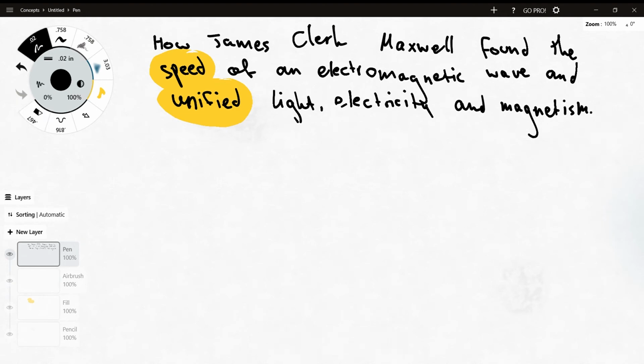Maxwell went through some very, very difficult, arduous lengths of calculus to reach the point where he could incorporate the constants epsilon and mu into his equations, or as you'd know them from reading the article, the permittivity of free space and the permeability of free space, constants to do with how easily electric fields and magnetic fields can form in a vacuum.